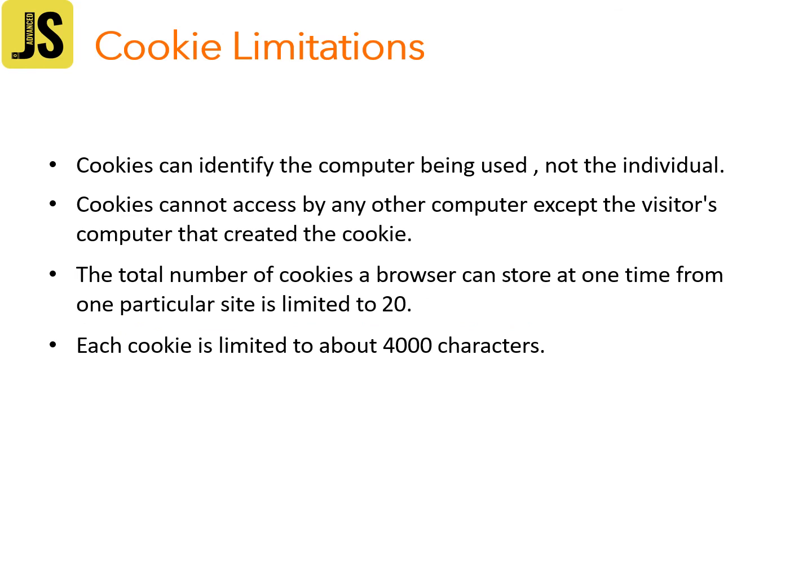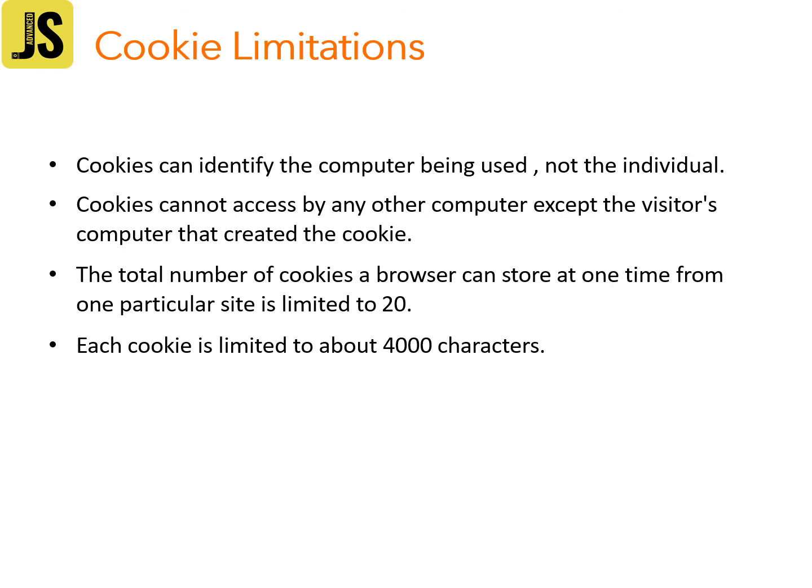Now we can see what are the limitations of cookies. Cookies can identify the computer being used, not the individual. So a cookie is associated with the browser, and the browser is a component in the computer.